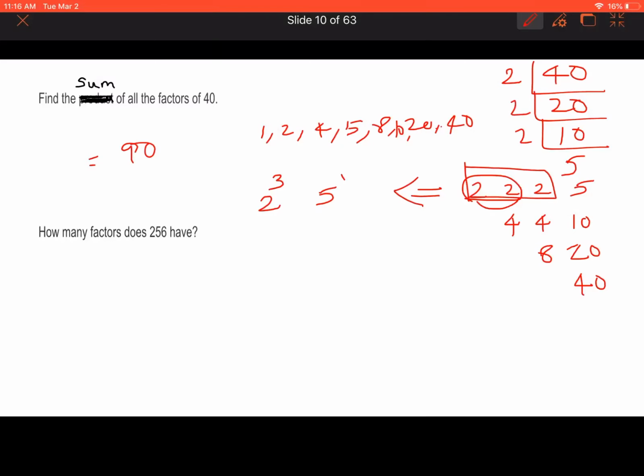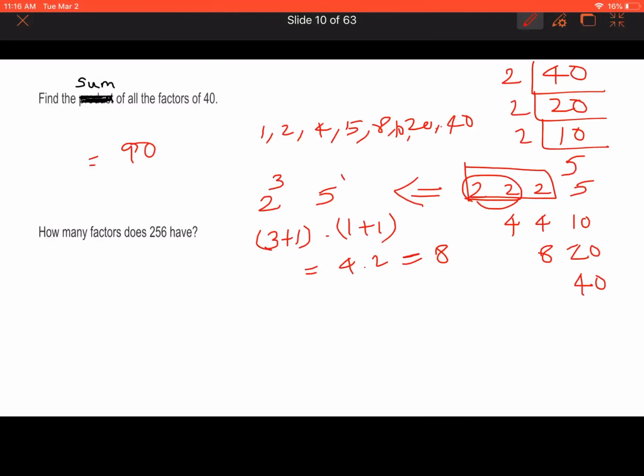Now you have to add 1 to each power. 3 plus 1 times, for the power of 5, 1 plus 1. Which is going to be 4 times 2, which is 8. Now we will check whether we have got 8 factors. 1, 2, 3, 4, 5, 6, 7, 8.